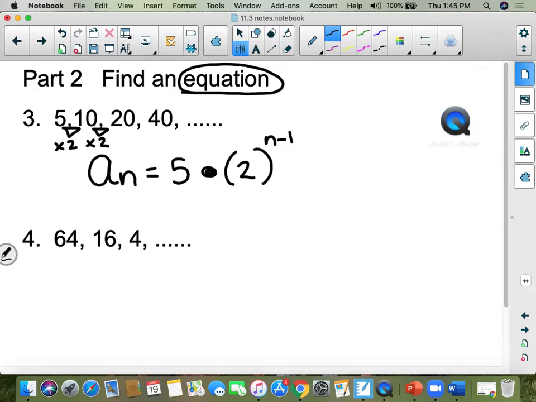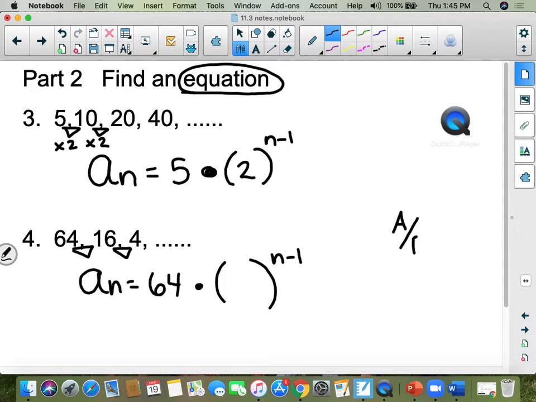Okay, let's do another one. AN equals the first term, 64, times something to the n-1. Okay, it's not as easy to figure out what the number is in between the 64 and the 16. So I'm going to do the A divided by B. The one after 16 divided by the one before.